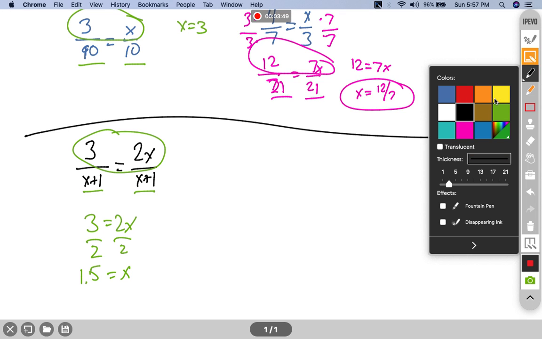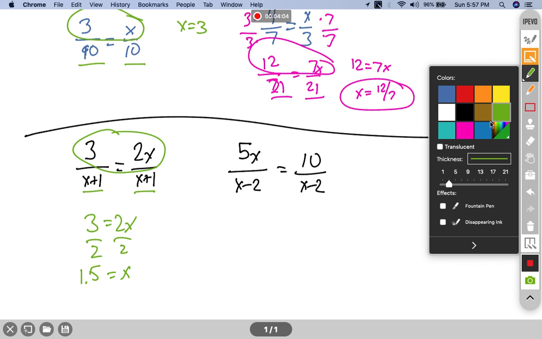Now here's where we have to start being careful. 5x over x minus 2 equals 10 over x minus 2.